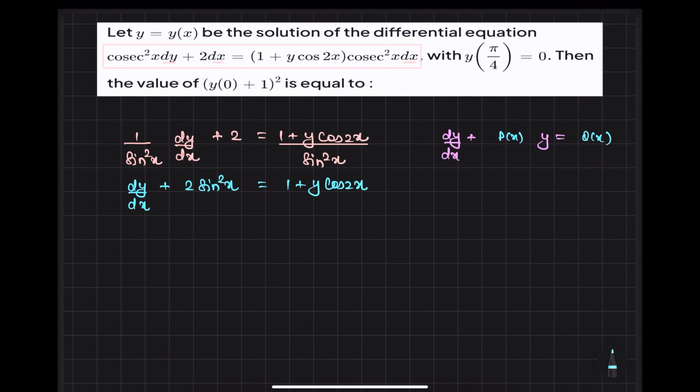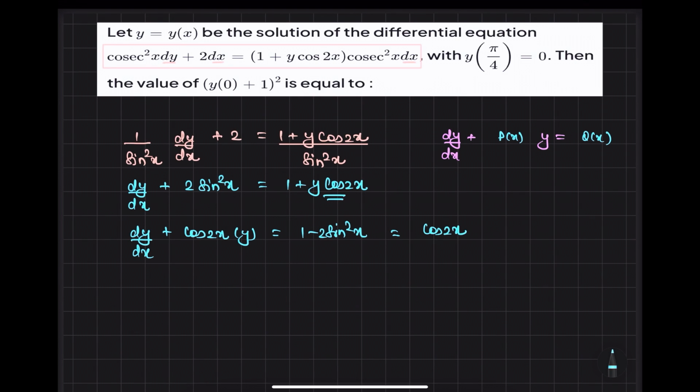Now look at this. You want the y term, and y we have here. So can I take this to this side? So dy by dx plus cos 2x times y, and then we have 1 minus 2 sine square x, and you know that 1 minus 2 sine square x is what? Cos 2x, right?